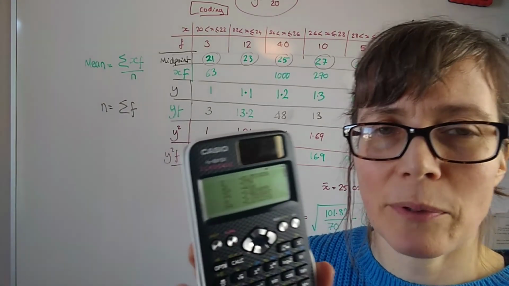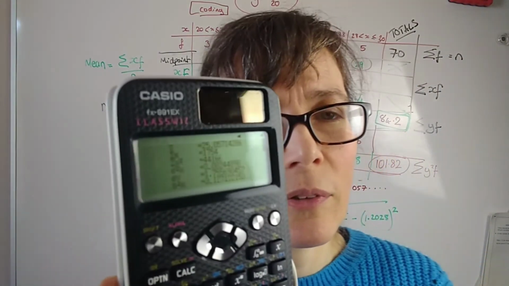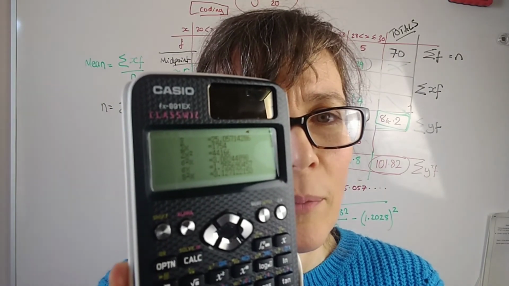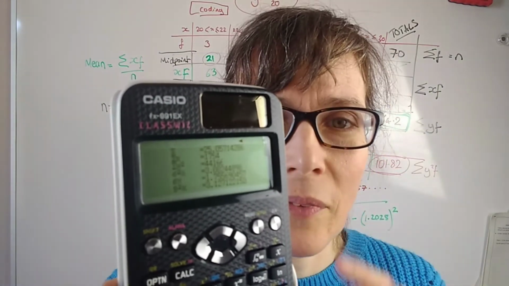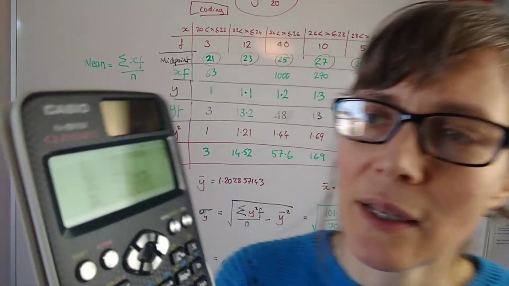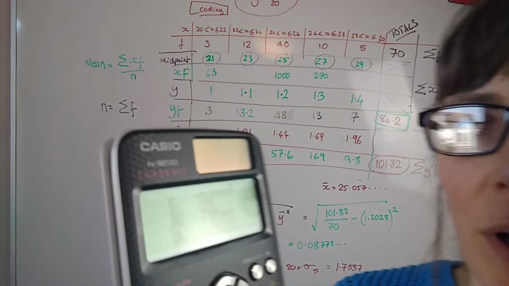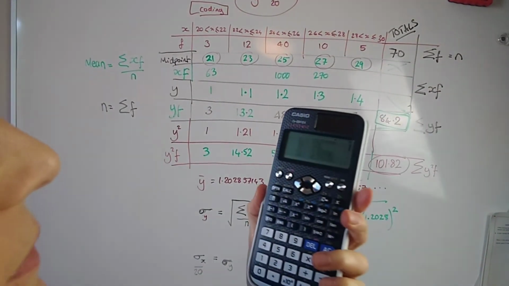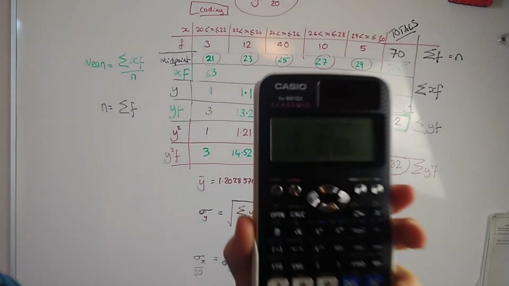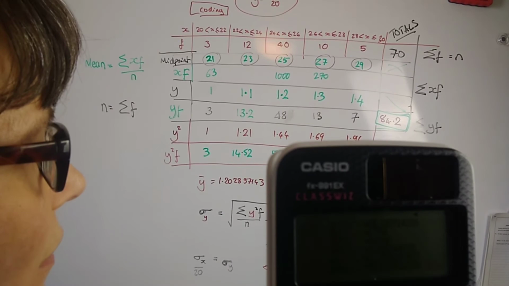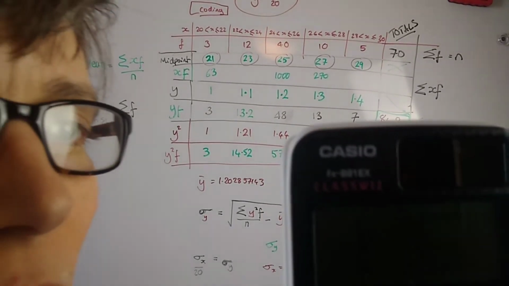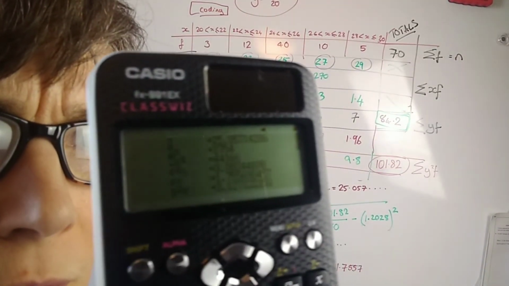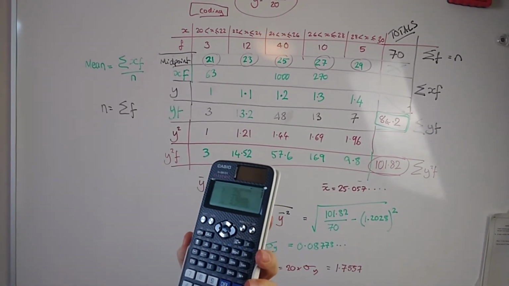Now this is tiny, so good luck with this, depending on how your eyes are. But you might be able to see there on the top row, I'll put it here, we've got some data. We have x bar on the top, 25.057 on the board. What have we got on the screen? Yep, it's about the same.